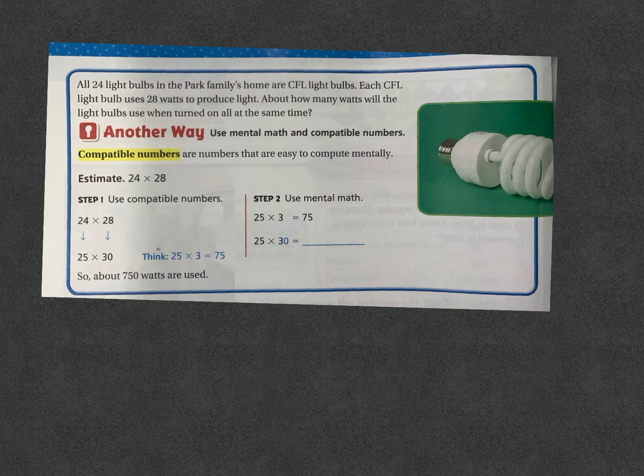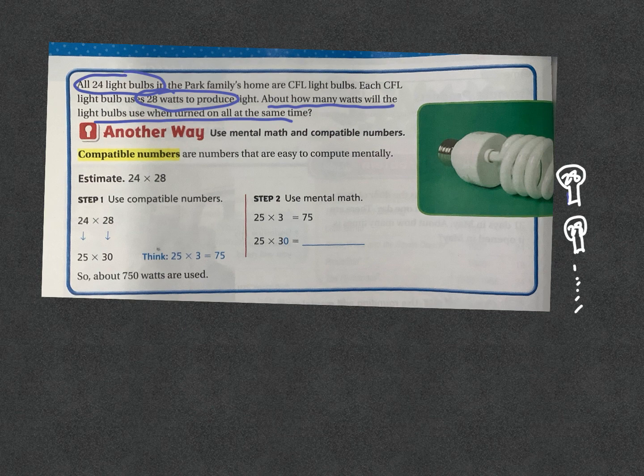They give us the calculation, but I really would like your brain understanding why it's multiplication. We know that there are 24 light bulbs, and each one uses 28 watts. So how much altogether? If one light bulb uses 28 watts, and another one uses 28 watts, and so on, 24 times, that would be repeated addition.